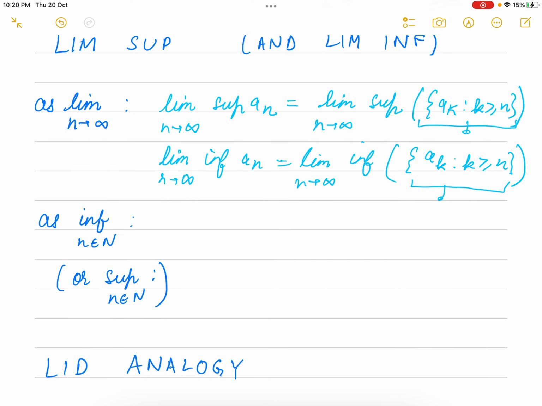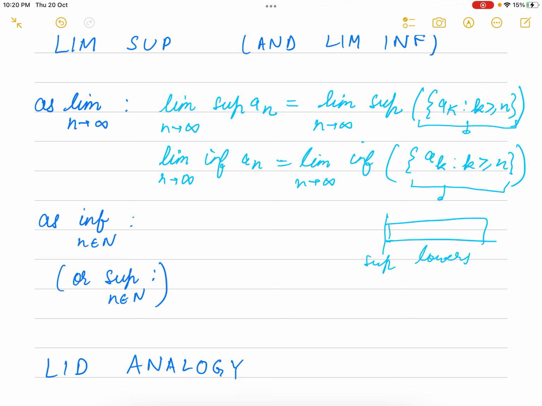So, as we know, for lim sup we are taking the supremum over a set, and we are increasing the value of n, so the size of the set decreases. And if the size of the set decreases, then we can say that the supremum lowers in its value, because now we are taking the supremum over fewer elements.